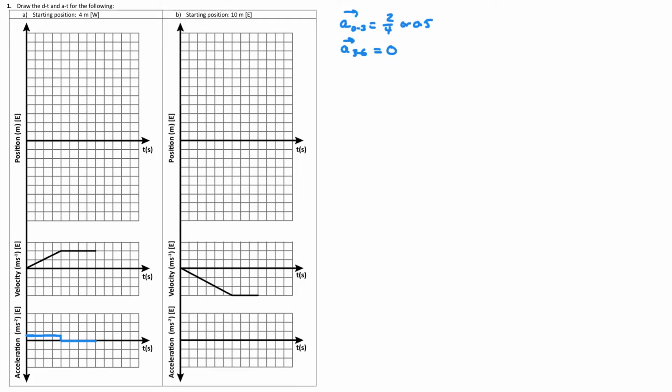Now, in the graph here, we need to draw the position time graph. In order to do that, we need to find the displacements at different regions. So let's do that. We can find the displacement from 0 to 3 seconds, and from 3 to 6 seconds.